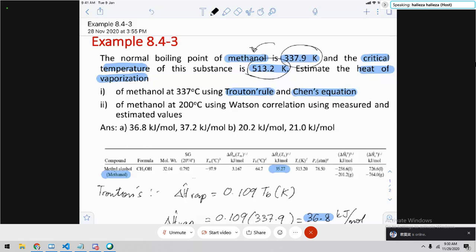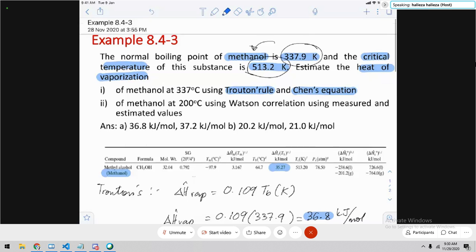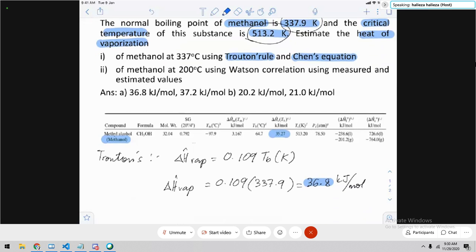You don't have the critical pressure, so we're going to look up methanol in appendix B1. In fact, you don't need to look up the critical temperature because it's already given in the statement of the question. Your critical pressure is 78.5. That is PC, and this is TC. It's already written there. So now let's go back to our equation.